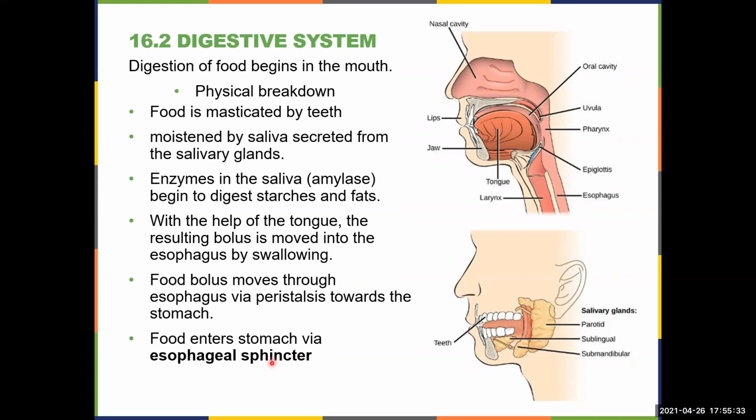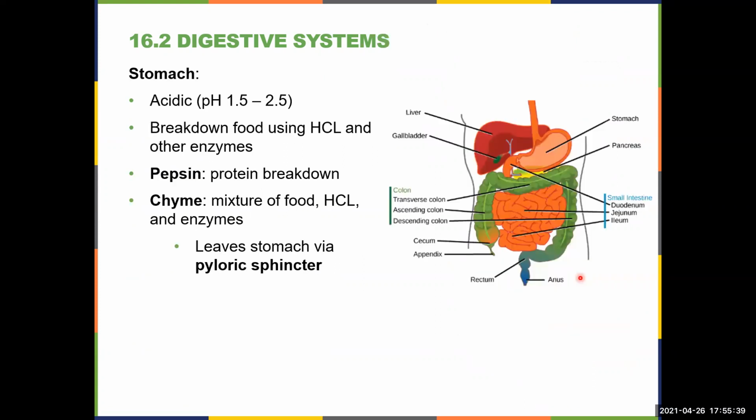Now, once the food passes through the esophagus and goes into the stomach, the food will then interact with several different substances. So in the stomach, the material is typically around a pH of 1.5 to 2.5, so very acidic. The stomach releases several different substances.